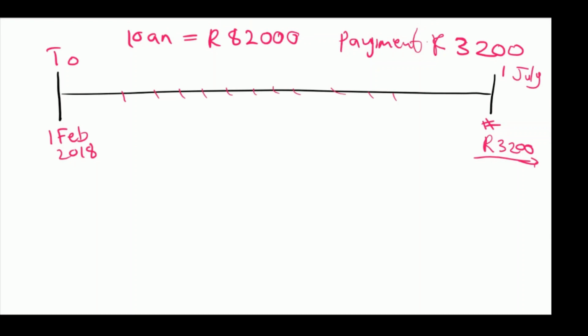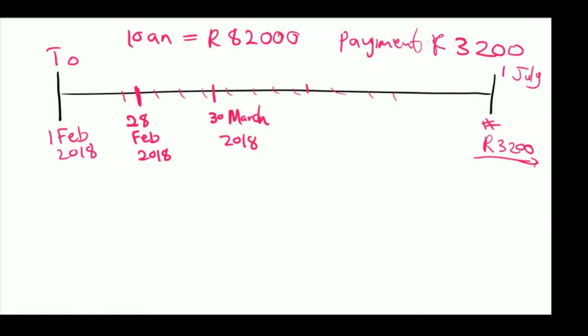So we can simply say from the 1st of February up until the 28th of February, provided it's not a leap year, 2018, to the 30th of March. Let me just assume it ends on the 30th.